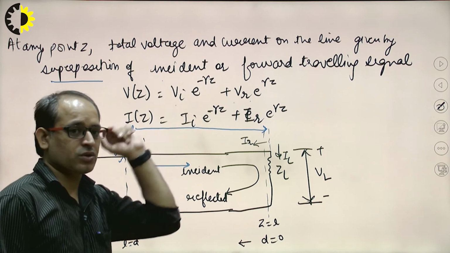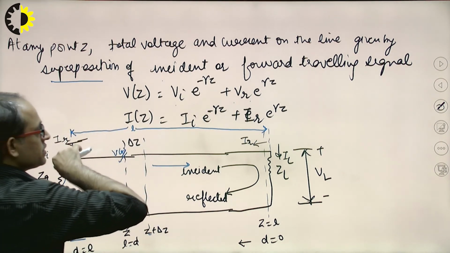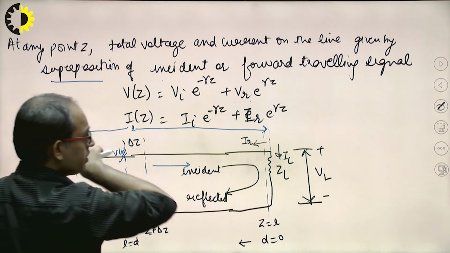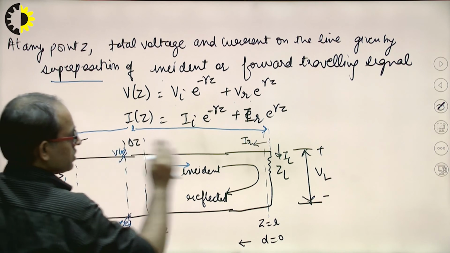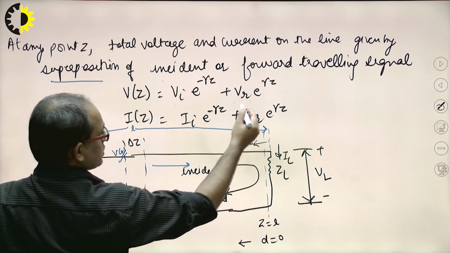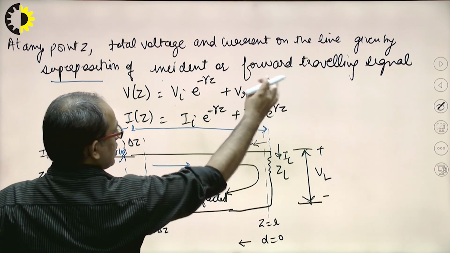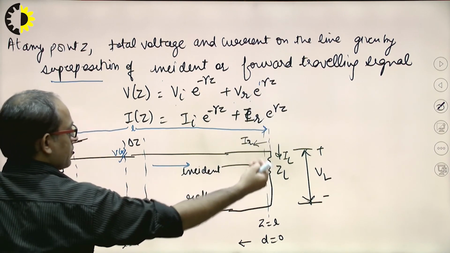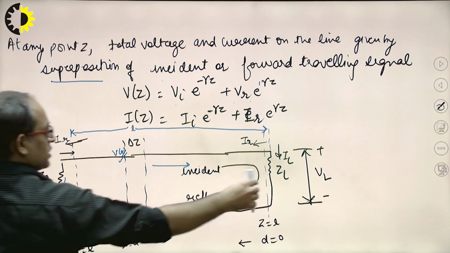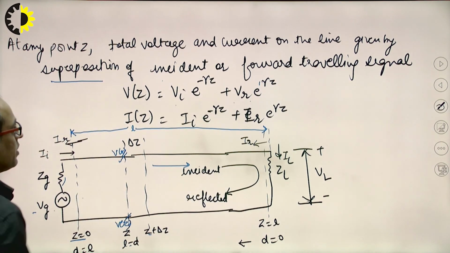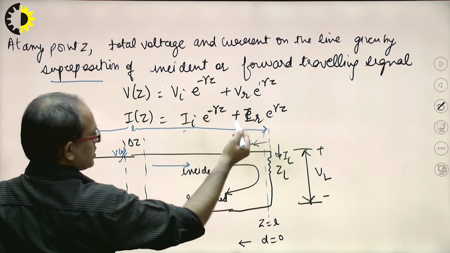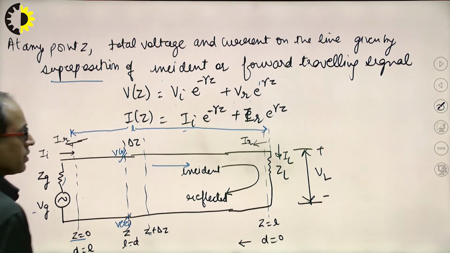Gamma is the propagation constant, and e to the power minus gamma Z represents that the direction of the signal is from the source to the receiving end, and VR is the reflected voltage, that is VR e to the power gamma Z, and this e to the power plus gamma Z represents that the voltage is in this direction, from the receiver to the source end. Similarly, I of Z will be I of I, the incident current, e to the power minus gamma Z plus I of R e to the power gamma Z.